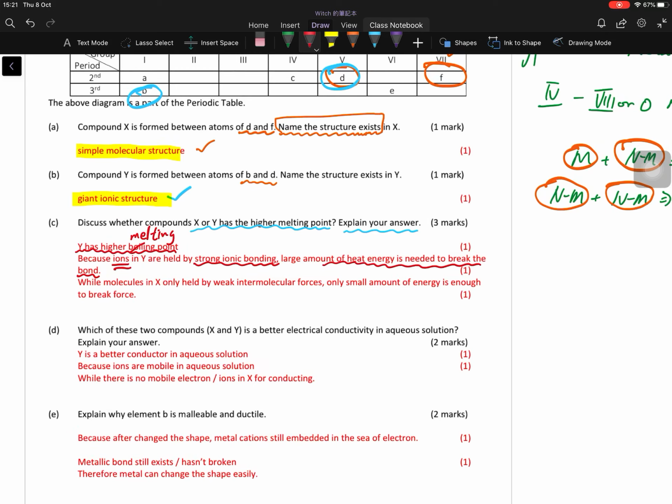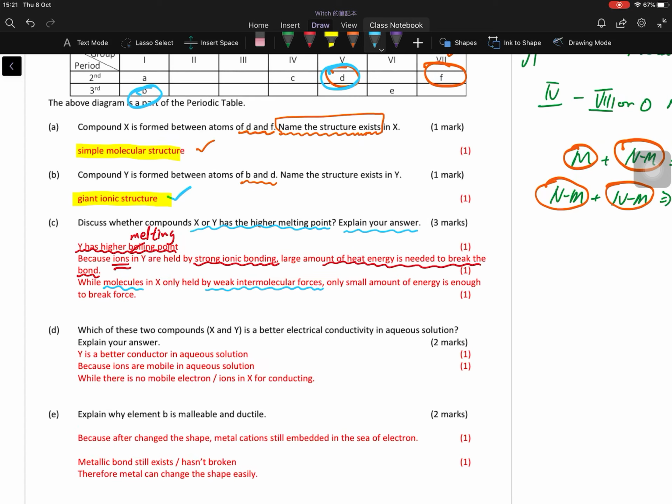But as a comparison question, you should tell me what's wrong with compound X. For compound X, there is only weak intermolecular force, so only a small amount of energy is needed.